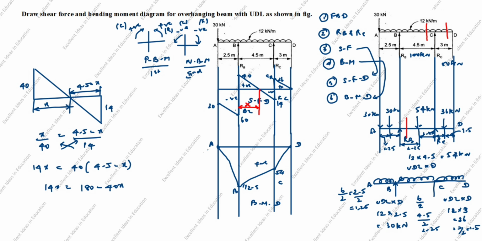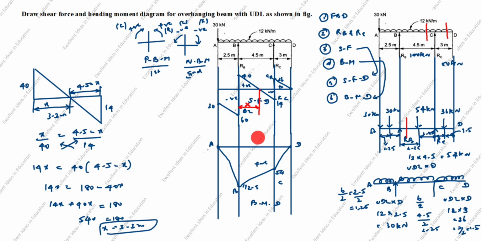Next, 14X plus 40X is equal to 180. 54X is equal to 180. X is equal to 3.3 meter. So this X value is 3.3 meter.